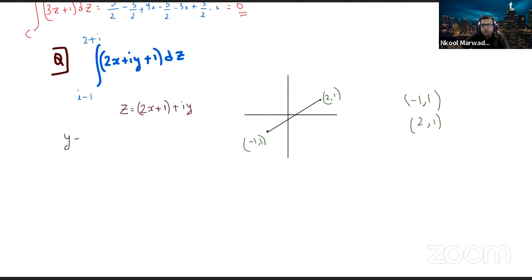So I am taking 2 comma 1, so y minus 1 is equal to m times x minus x1. And for the slope I can do y2 minus y1 upon x2 minus x1. Actually it is 1 minus.